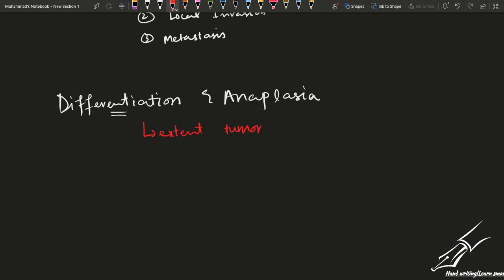It is the extent to which a tumor resembles a normal cell or organ, both morphologically and functionally.